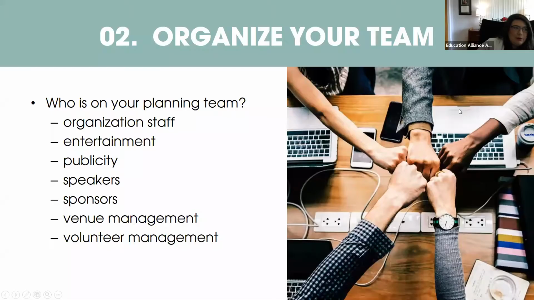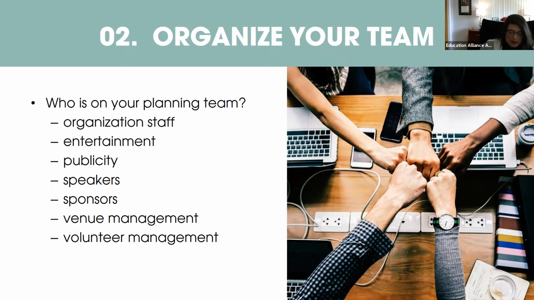Step number 2 is organizing your team. Every event really takes a team to plan it. Whether it's you and one other person or a large team of people, you're going to have to work with others to make sure that it's a successful event.